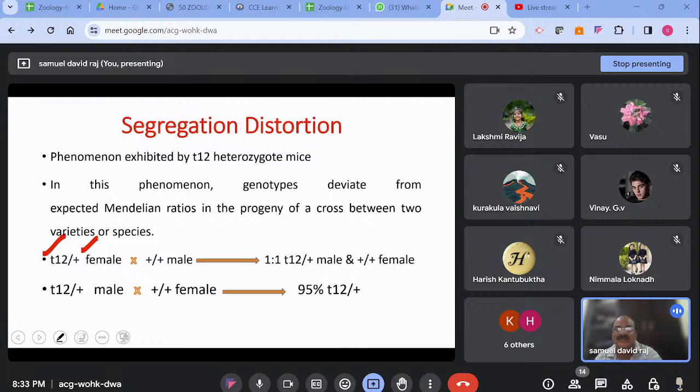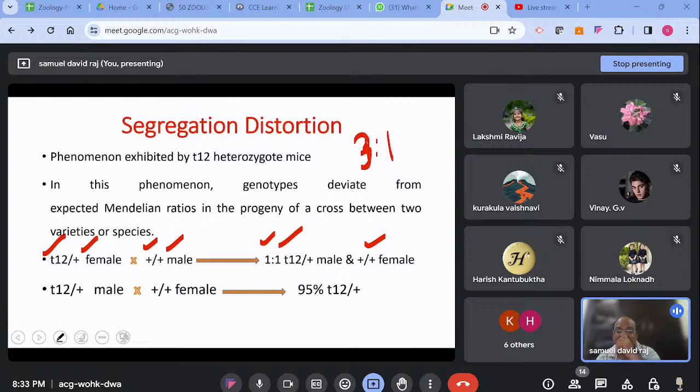It is crossed with a normal male where both genes are normal, and the expected result is 1 is to 1, T12 plus male and normal female. In case of a test cross the ratio should be 1 is to 1. In case of a monohybrid cross, it should be 3 is to 1.